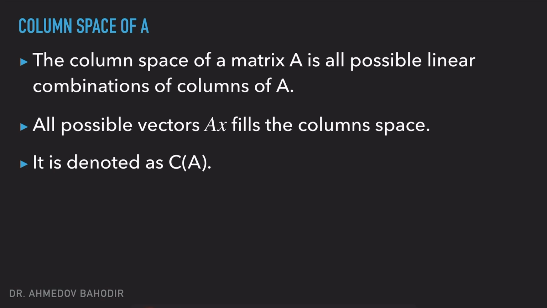And again, I would like to describe here, so let's say you are given a matrix 1, 2, 2, 3, okay? So all possible linear combinations means that you're going to multiply this by some vector x1 and x2, right?